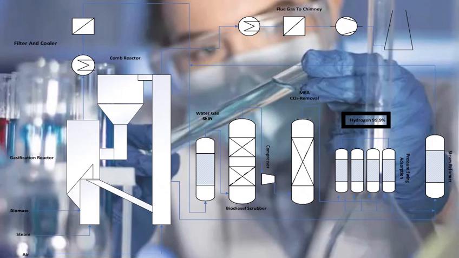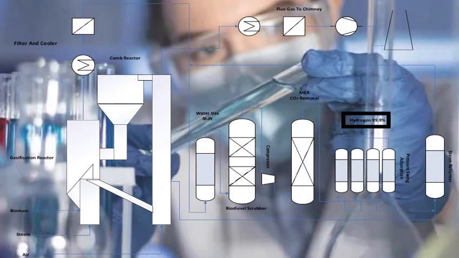Stage 6, pressure swing adsorption. The gas enters a PSA unit where high purity hydrogen, up to 99.9%, is separated from residual gases. In stage 7, which happens in the steam reheater and recycle loop, any leftover gases are either recycled or exhausted.